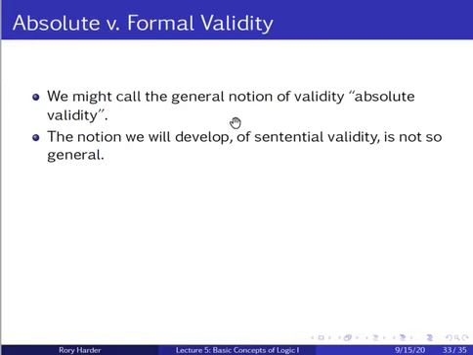So there's this very absolute notion of an argument being valid. But the notion we will develop using sentence logic is not so general. Which is to say that there will be many arguments which are valid in an absolute sense, which our specific theory of sentential validity will not represent as valid.